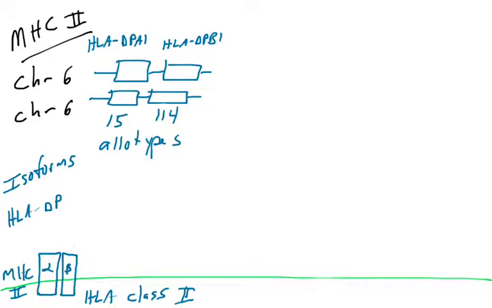Right? So you again have different alleles or allotypes of these, and some of these are again polymorphic, like HLA-DPB1. There are 114 different allotypes of that, so it's pretty highly polymorphic. Right? For the HLA-DPA1 gene, actually there aren't that many versions of this gene or alleles.